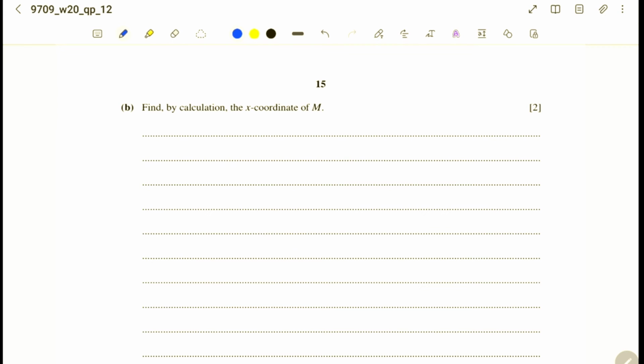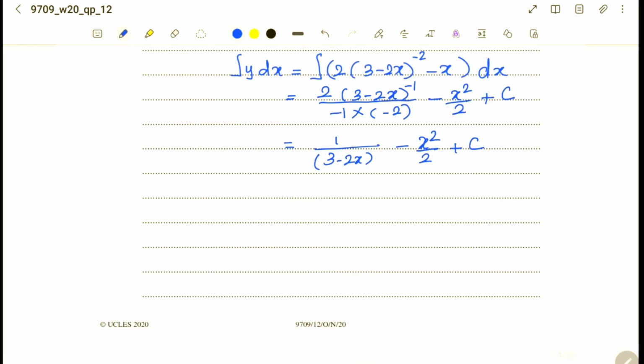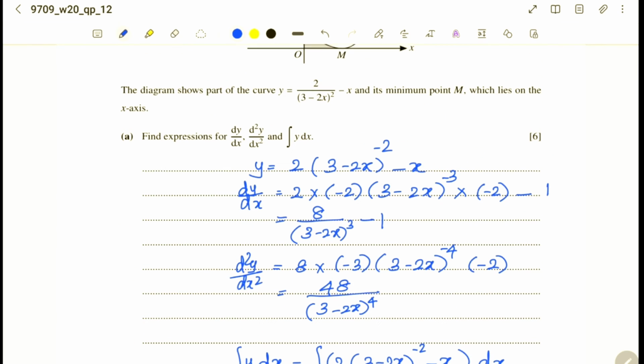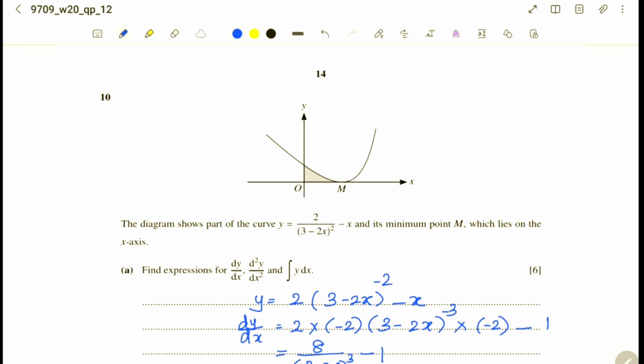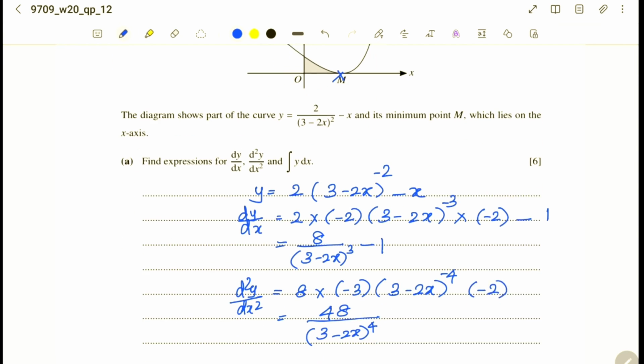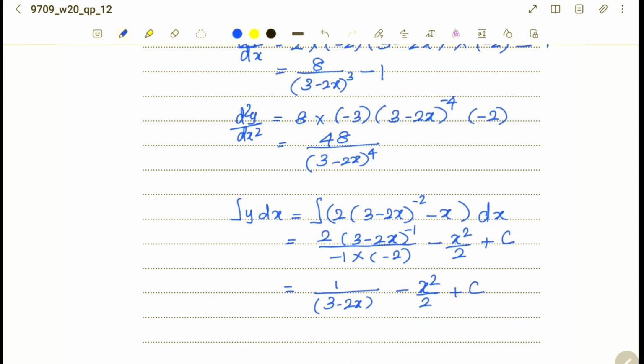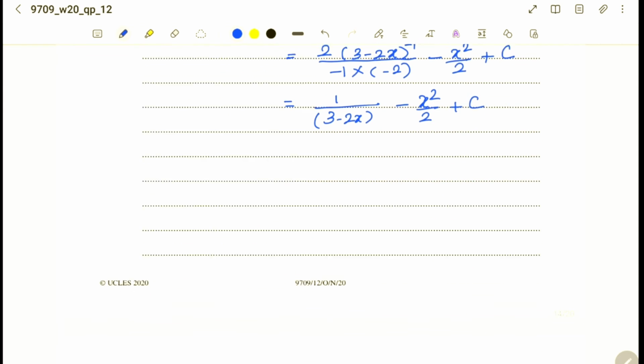The next part of the question is find by calculation the x coordinate of M. So the point M lies here. So we can find out the x coordinate of M by differentiating the given function y.